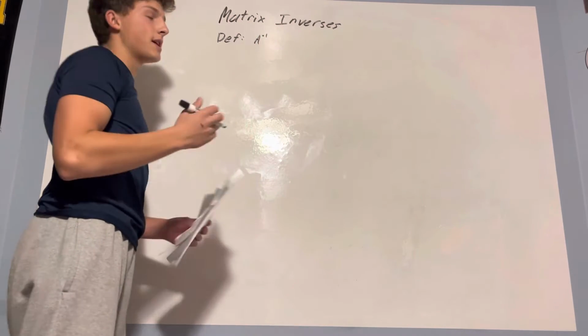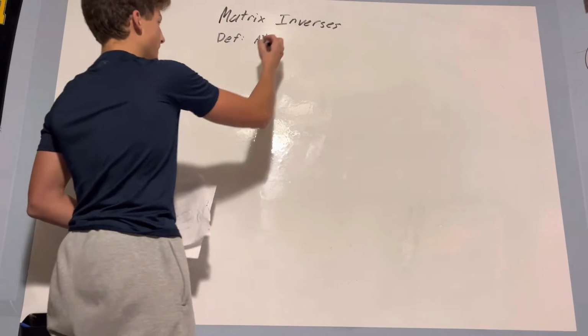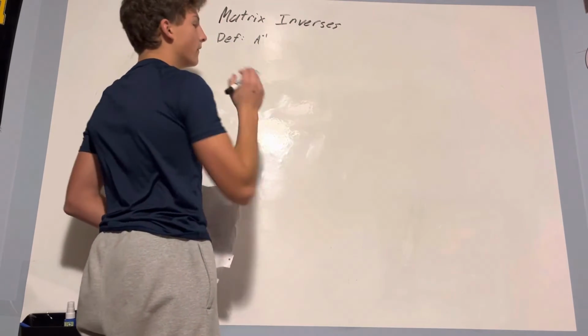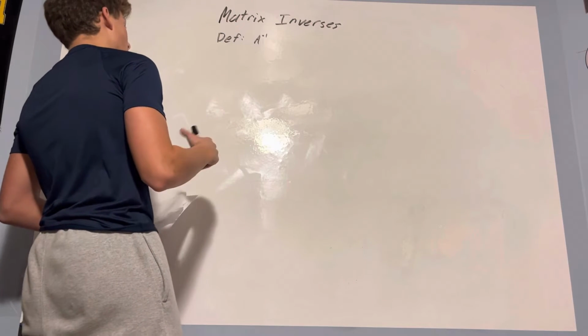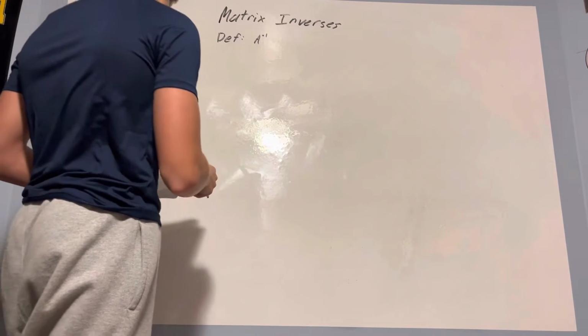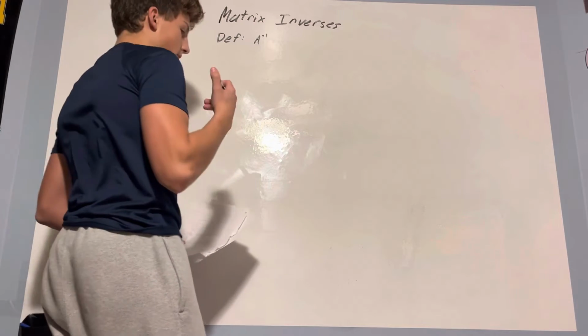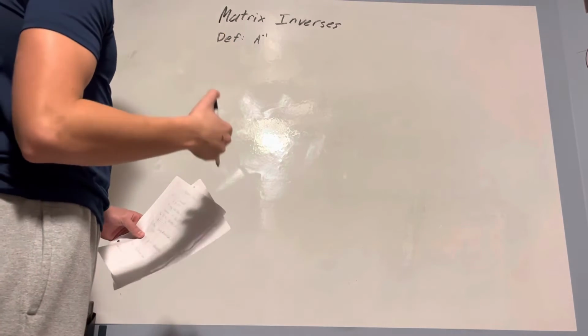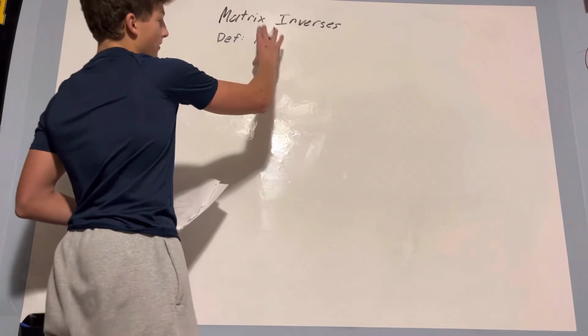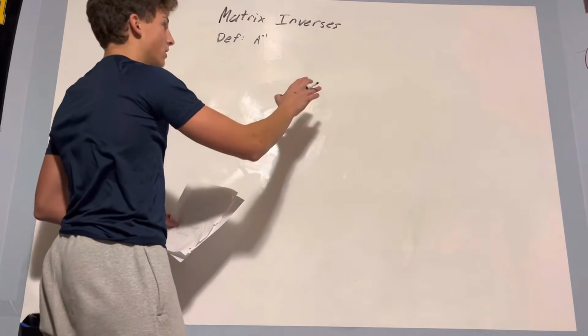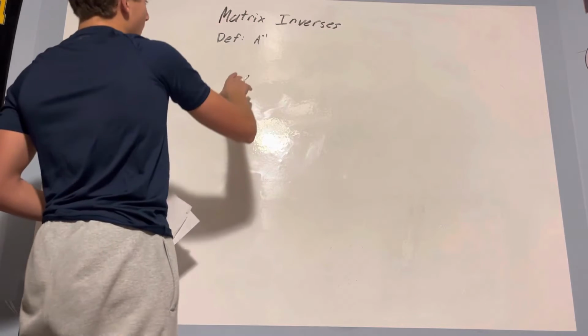A to the negative first means A inverse. It is not 1 divided by A. That is not what it means. It is its own special new matrix. In fact, there is no such thing as matrix division, so you would not be able to do 1 divided by a matrix A in the first place. So just think about A inverse as its own special operation, which I'll explain in detail in a moment.